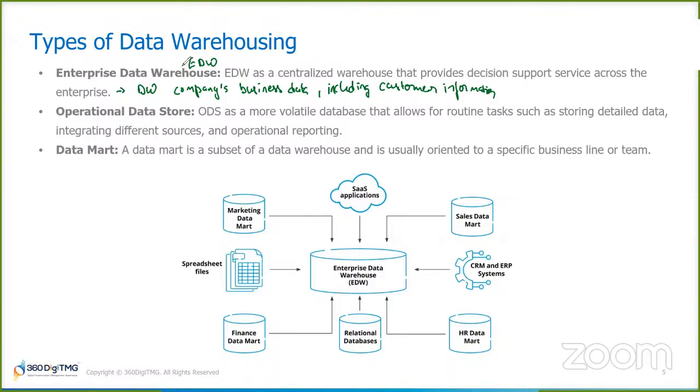The enterprise data warehouse is going to ensure that by utilizing our staging area, we can store the data in a consistent and usable format. And it is always ready for further processing or analysis.